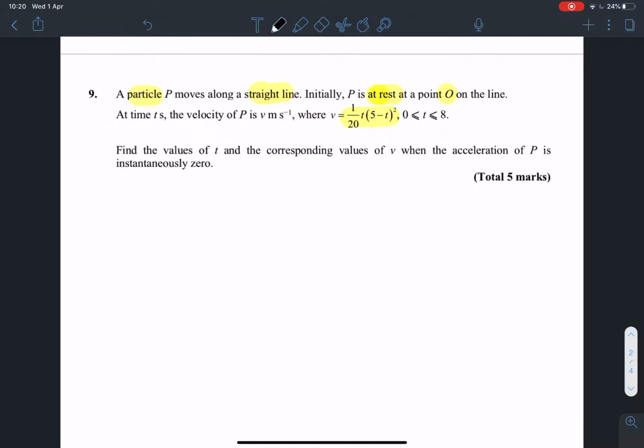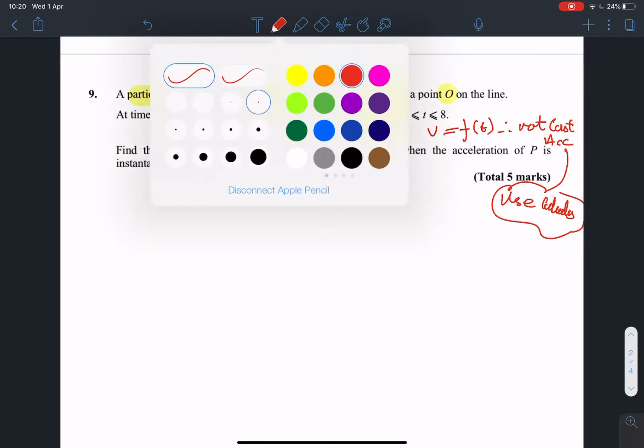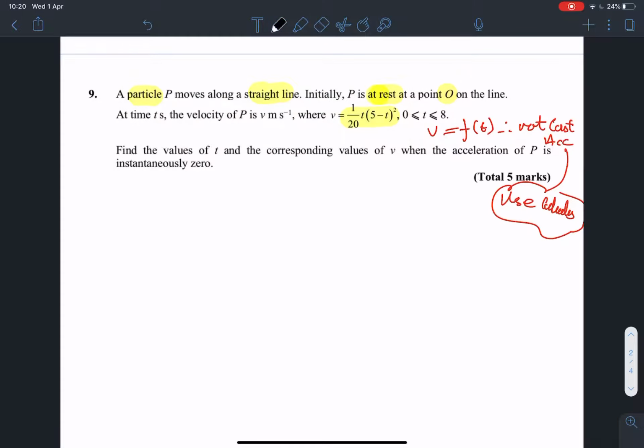So the key thought at the start: v is equal to a function of t, therefore not SUVAT, not constant acceleration. Use calculus. That's what we're thinking at the start of the question. Okay, so it's a calculus question.